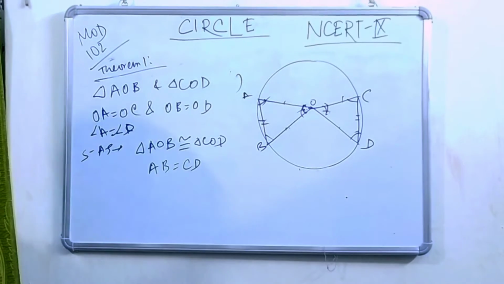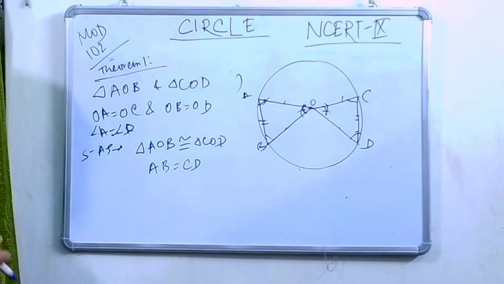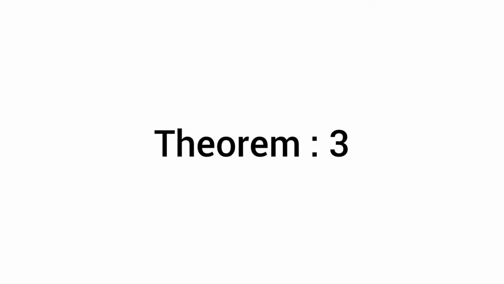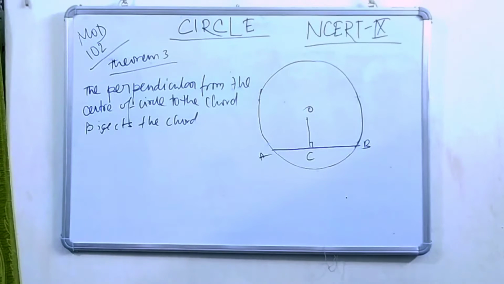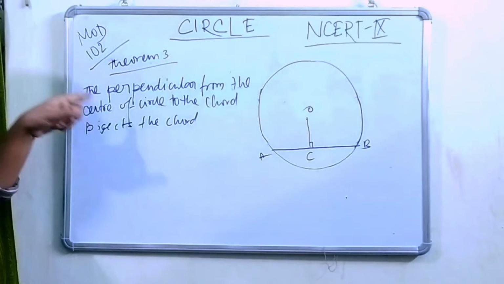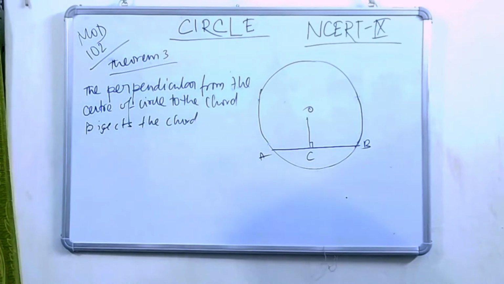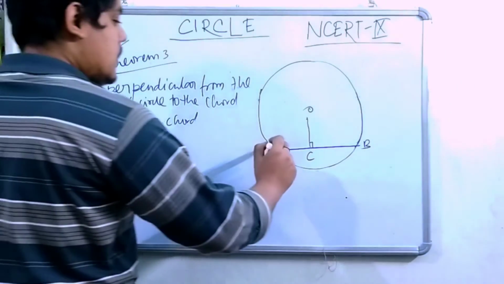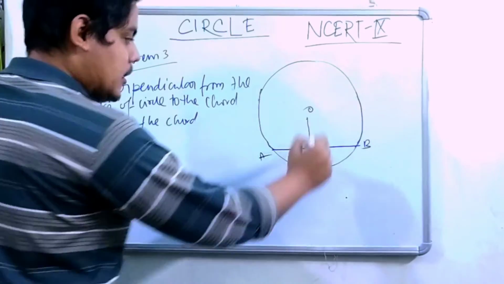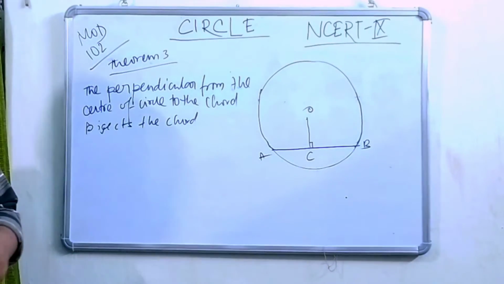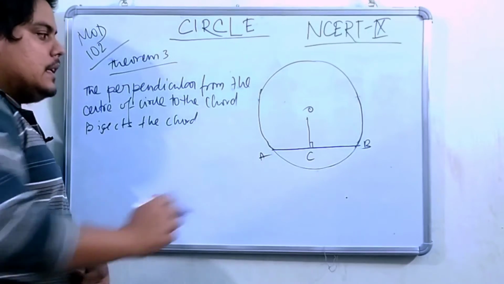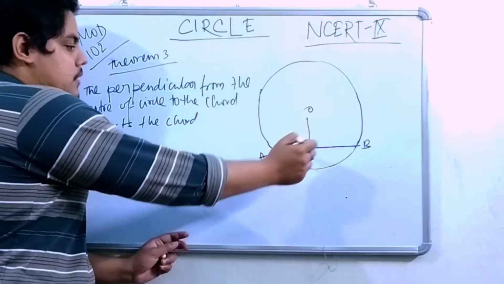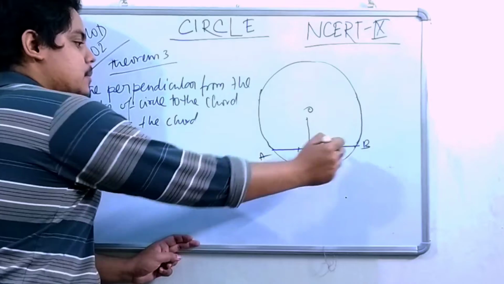Okay, so the two theorems are already solved. So guys, in this theorem, a perpendicular from the center of a circle to a chord bisects the chord. So the circle is here. On the chord, we are drawing a perpendicular, and what I have to prove is that this line is bisecting the chord.